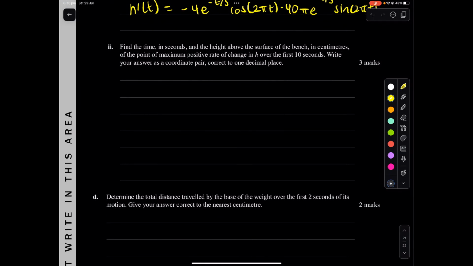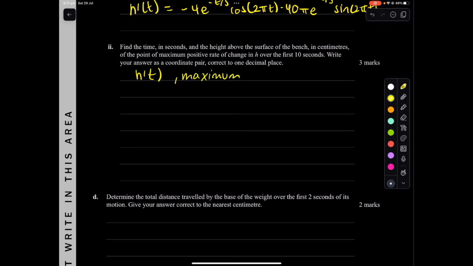Find the time in seconds and the height above the surface in centimeters of the point of the maximum positive rate of change over the interval. Find the coordinate. Okay, to do that, positive rate of change, so we're trying to find where h'(t) is at its maximum value.